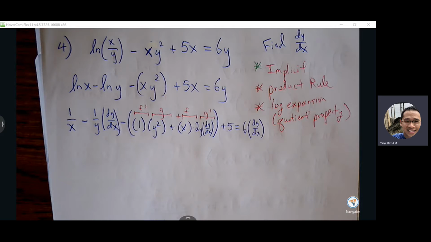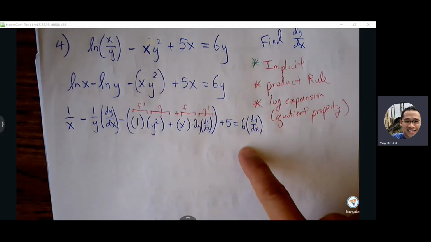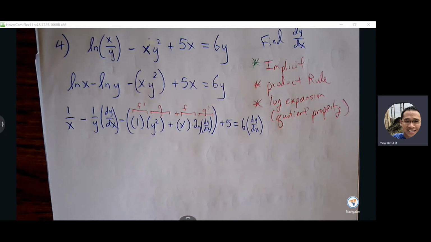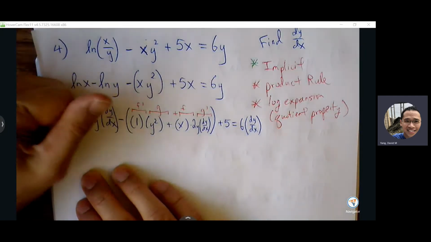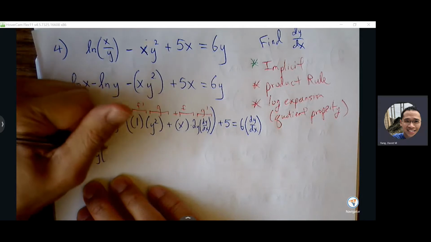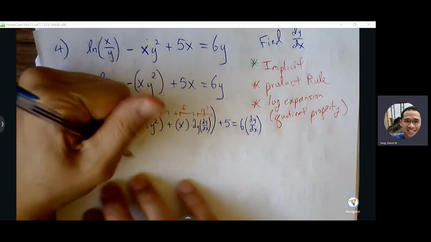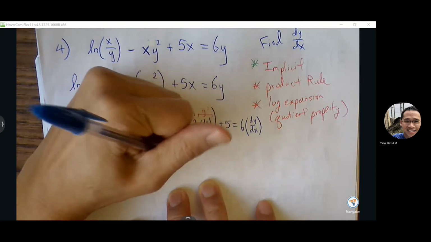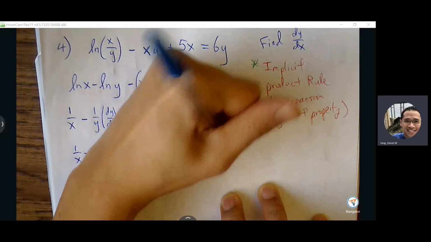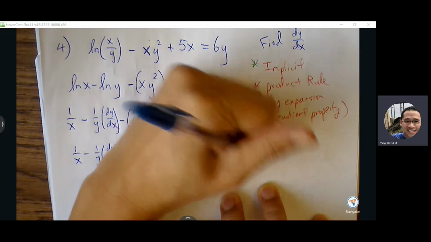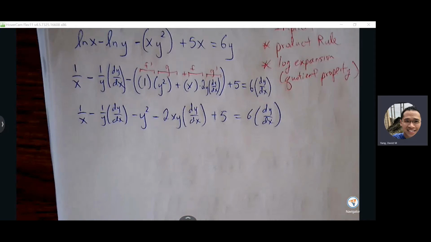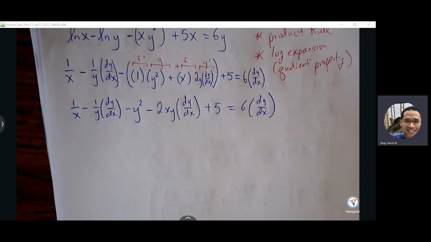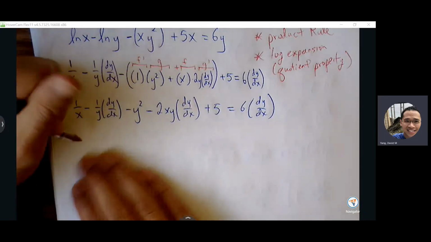Okay, but any questions up to this point? All right, the hardest part is just trying to get through this derivative step here. But from here, it should be a lot easier. No questions? Okay. I'm just going to add and subtract terms, group the dy dx terms all onto the same side.